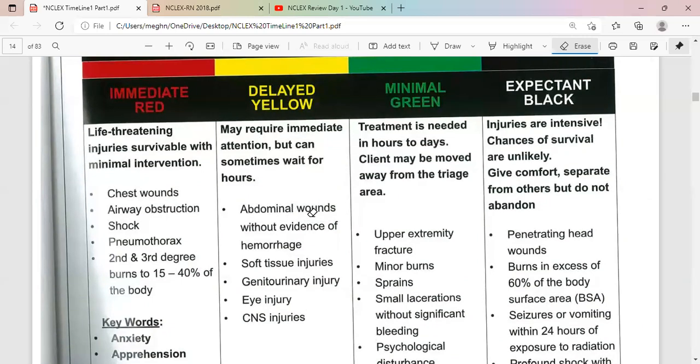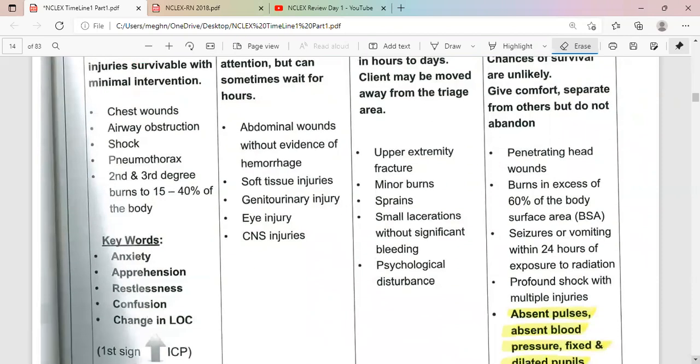Like abdominal wound without evidence of hemorrhage, soft tissue injuries, also genitourinary injuries, eye injuries, central nervous system injuries. Minimal or green treatment is needed in hours to days. The client may be moved away from triage areas. Upper extremity fracture, minor burn, small laceration without significant bleeding, or psychological disturbance.